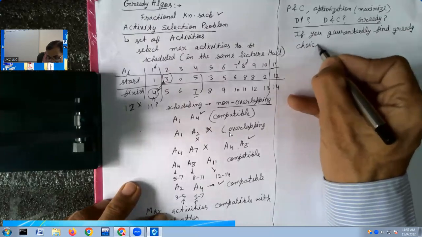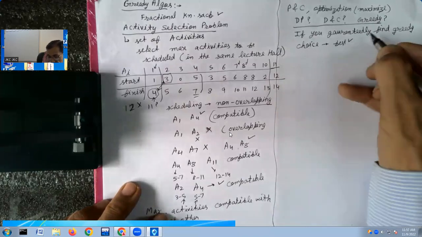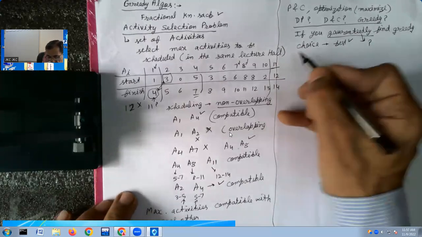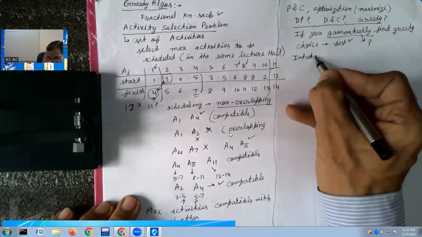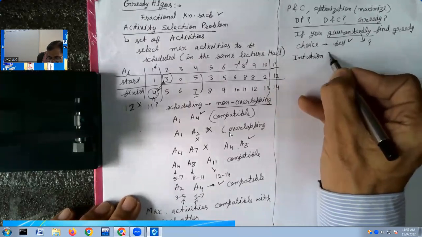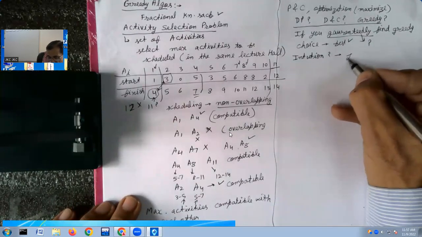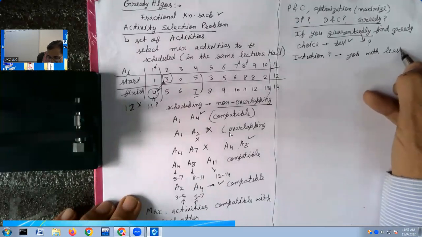But the question is, can you guaranteedly find it? For example, for this problem, what is your intuition, logic? Some choice. Maybe you say the job with least time requirement.